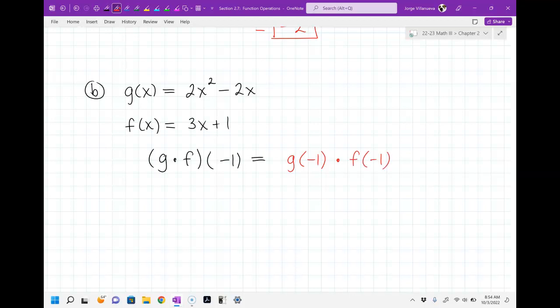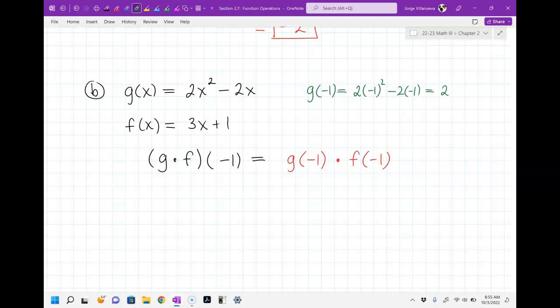So again, don't multiply those two functions together if you don't have to. Figure out their values. So what is g of negative 1? So I'm going to go ahead and plug it in. 2 times negative 1 squared minus 2 times negative 1. If you put that into your calculator, negative 1 squared is 1, and 1 times 2 is 2.